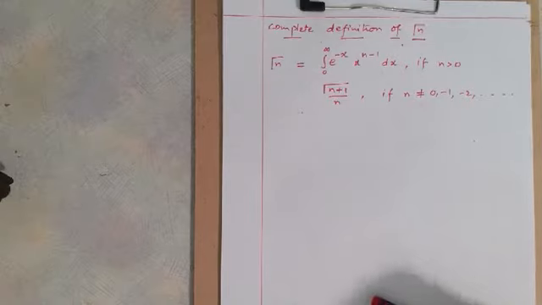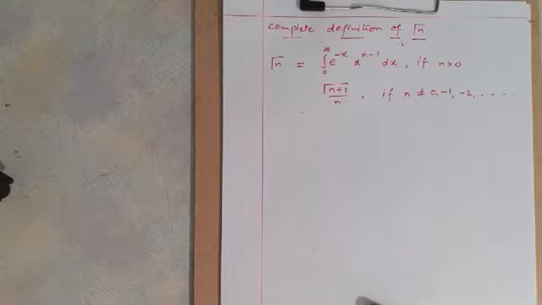What is a positive integer and what is a negative integer? Positive integers are from 1 to infinity, that are natural numbers. And one thing you have to remember, 0 is neither a positive nor a negative number. Negative integers are minus 1, minus 2, minus 3, and so on up to minus infinity.